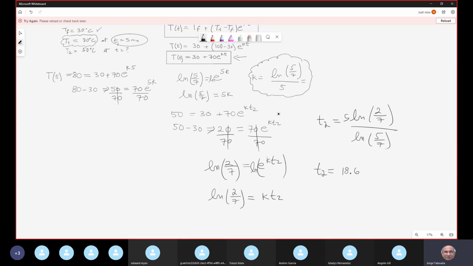It's time, but in our problem, what is the unit we are using to measure the time in this problem? Come back to the beginning. Minutes. That's the answer. Okay. No problem. You understand very well? Yeah. Minute.